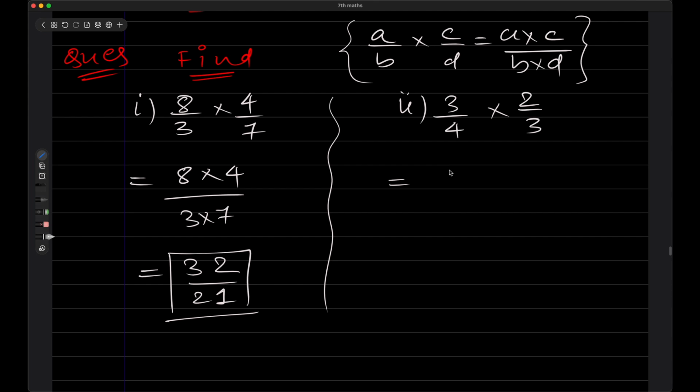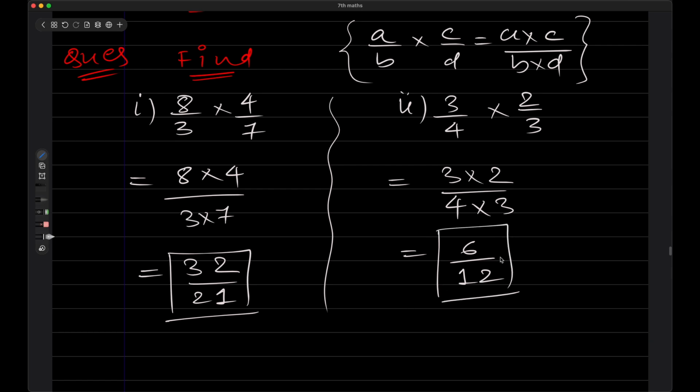And here the product of numerators 3 into 2 divided by the product of denominators 4 into 3 is equal to 6 divided by 12. We can also write 6 divided by 12 as equal to 1 divided by 2.